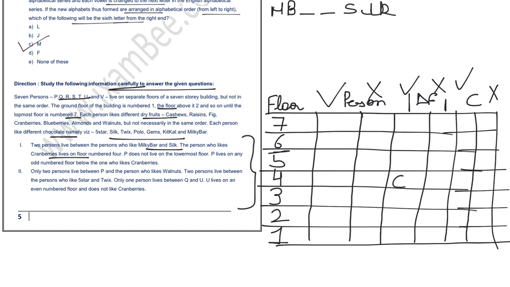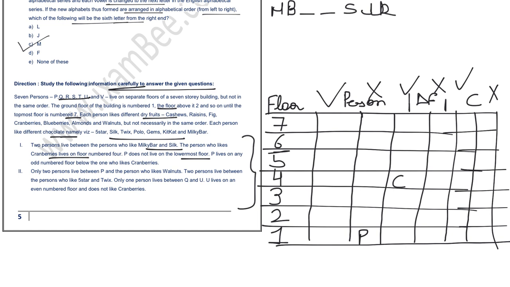So I am placing Cranberries over here. Now it is given to you that P does not live on the lowermost floor. So you know that P does not live on the lowermost floor. So you can write P over here because I have drawn this particular column for the person who does not live at any particular floor, right?